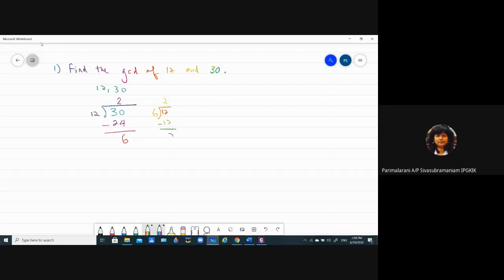What do you get? 0. When you reach 0, you can stop. The divisor for the last division is the answer. That means the GCD of 12 and 30 is 6.